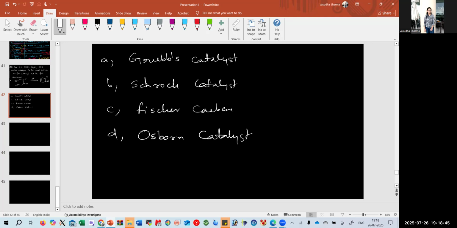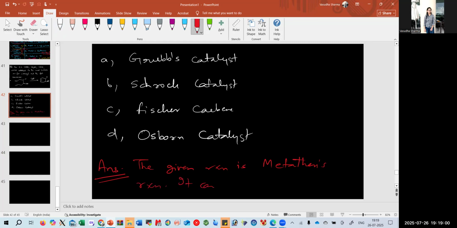So firstly, the answer that we need to see is that the given reaction is basically a metathesis reaction. So it can't be performed by D. This one is anyway wrong because this is being used for hydrogenation purposes.